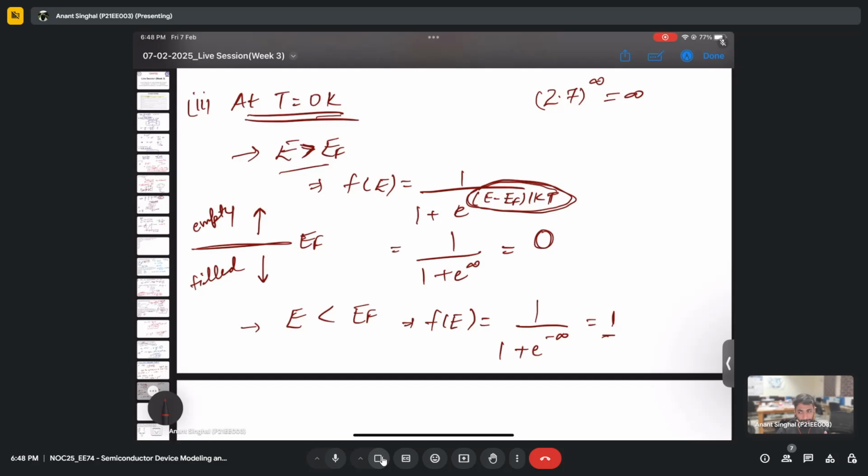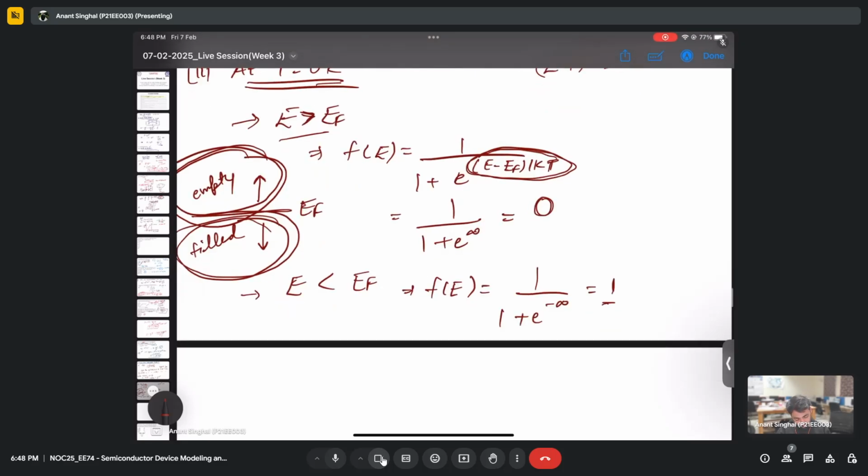So the valence band is always filled and the conduction band is always empty. That is what it means. As the temperature increases, the electrons get excited and move to the conduction band, so the probability increases. It will start increasing here, and this will start decreasing, something like that.